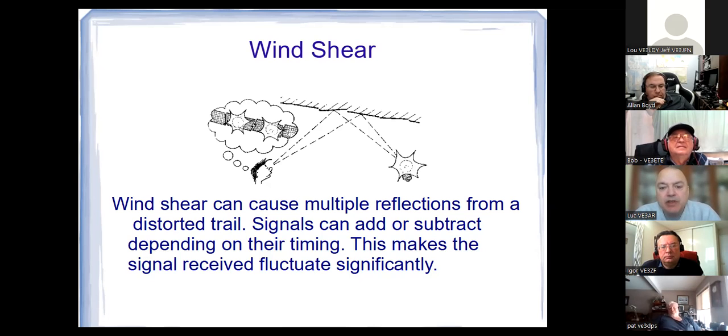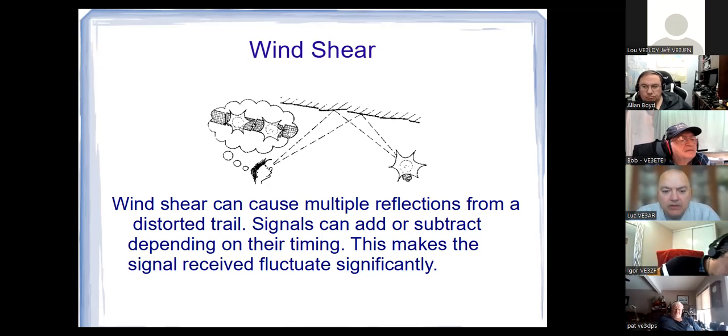Okay, so another effect you're going to see here is wind shear. And there's an image there of what wind shear would look like. And that's because there's wind blowing up there at different speeds at different parts of the tail. So you're going to see the effect of that in the reception. So that's going to cause a distortion.